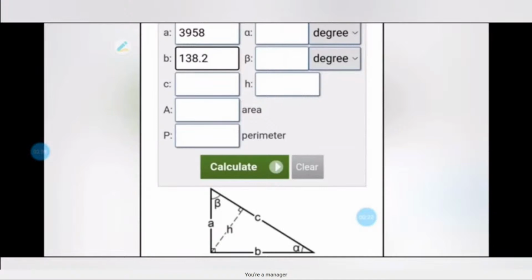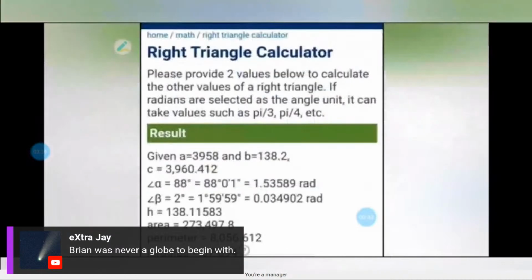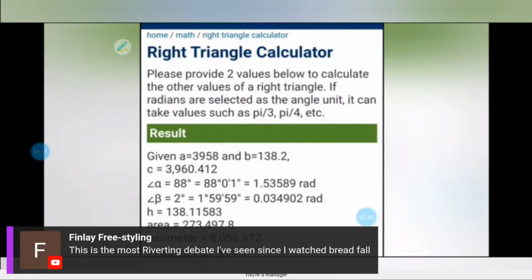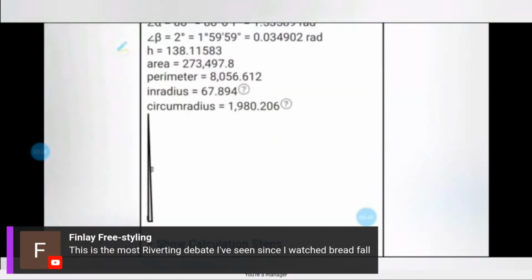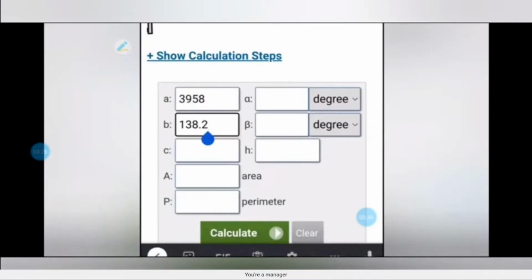Let's see what that comes out to in the triangle calculator. What do you know? 88 degrees on the dot. That too is weird. So 138 miles we traveled, and 69 miles per degree is working just fine.